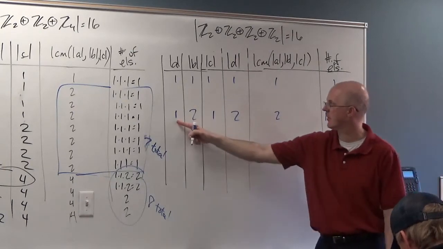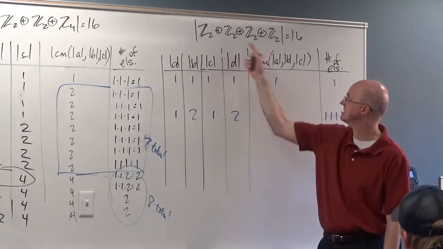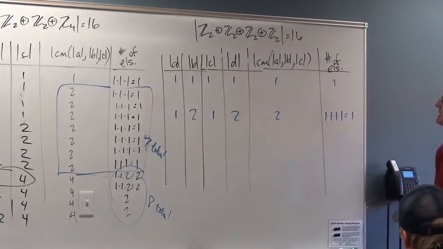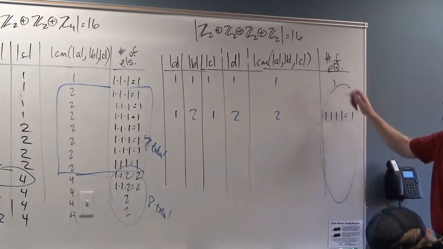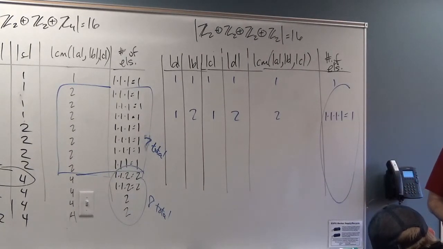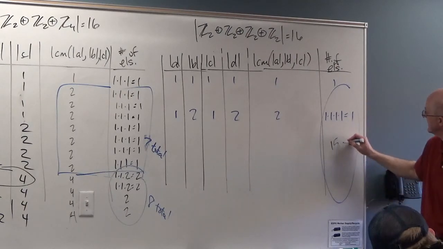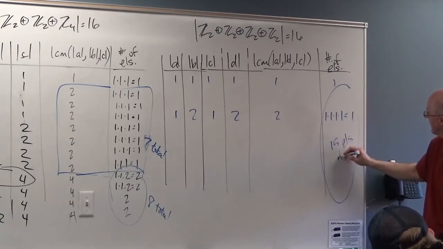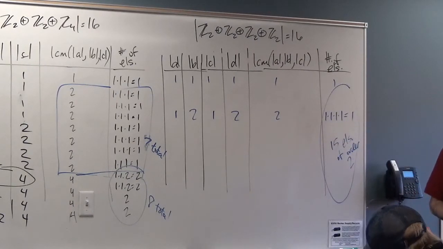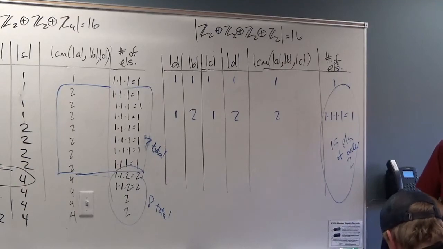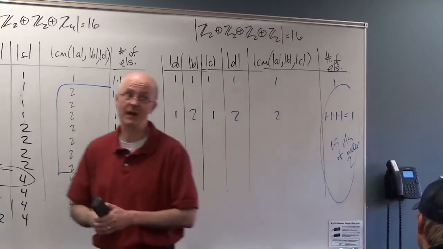Because there's one element of order 1 and one element of order 2 in each of these factors there. So every non-identity element is going to have order 2. It's going to be 15 elements of order 2. 15 elements of order 2. And nothing else. 15 cyclic subgroups of order 2 as well.